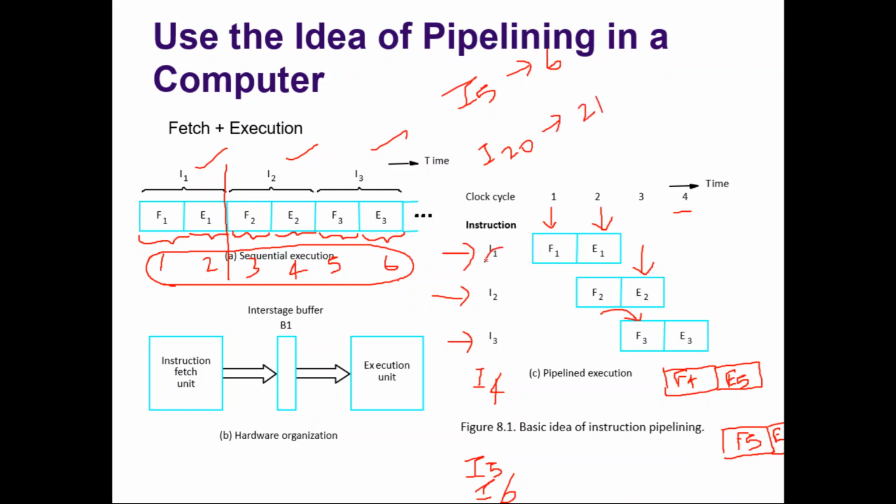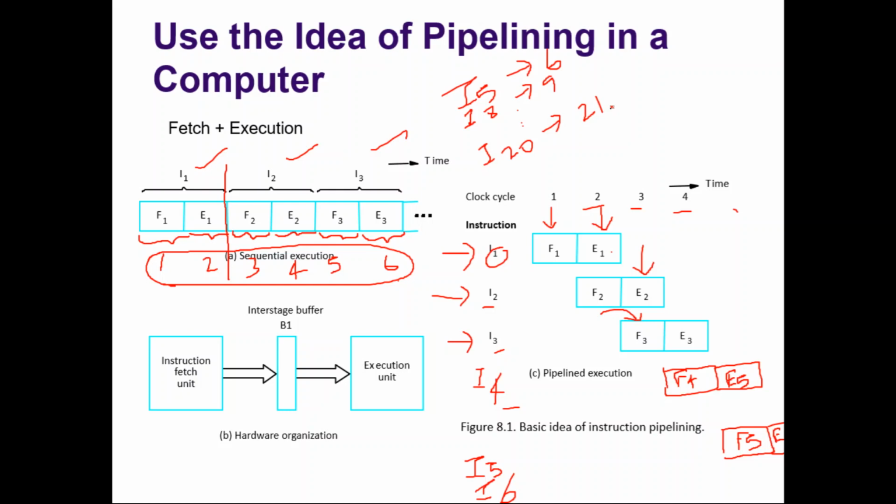Because if you follow this logic, first instruction is completed at second clock cycle, second at third, third at fourth, fourth at fifth, fifth at sixth, sixth at seventh, seventh at eighth, eighth at ninth, ninth instruction at 10th clock cycle, so on and so forth. 20th instruction will be completed at 21st clock cycle.